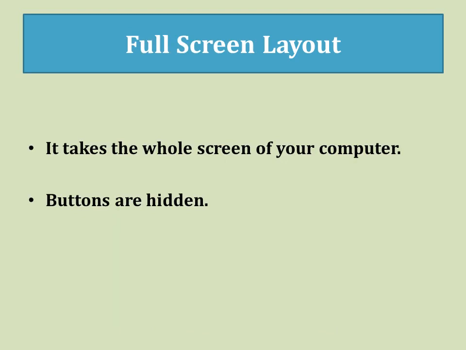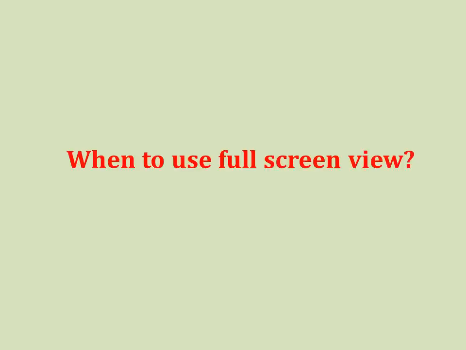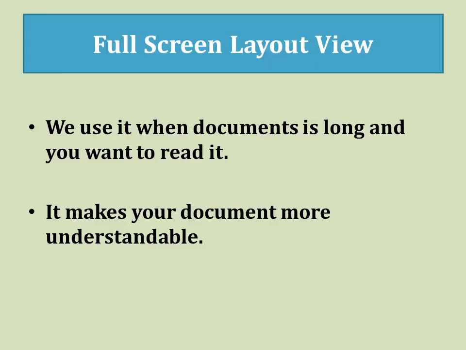Next is full screen layout. It takes the whole screen of your computer, and when you apply full screen layout on your document, the buttons of Microsoft Word are hidden. The question that arises here is when to use full screen view. You use the full screen layout view when your document is long and you want to read it.